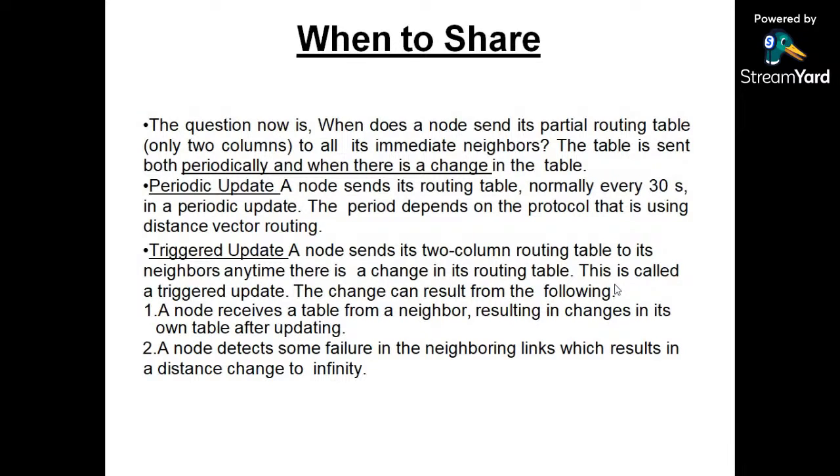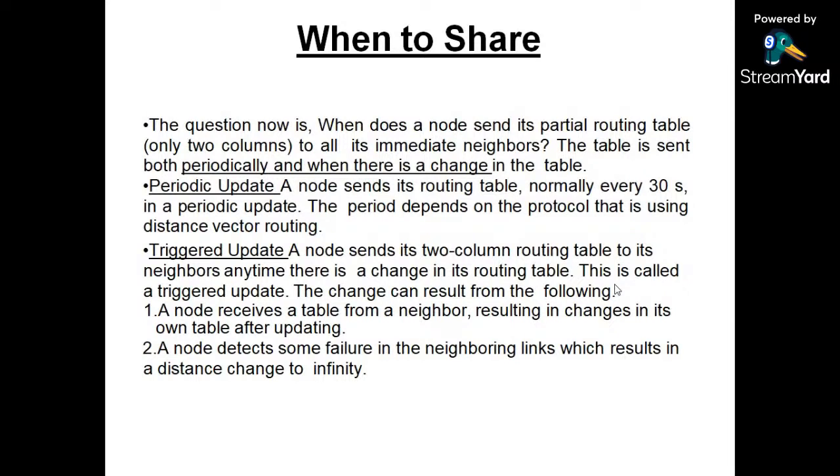In a periodic update, a node sends its routing table normally every 30 seconds. That period depends on the protocol that is using distance vector routing.